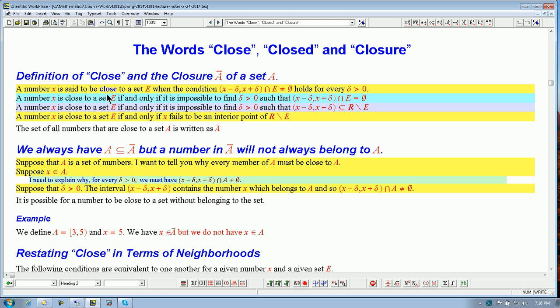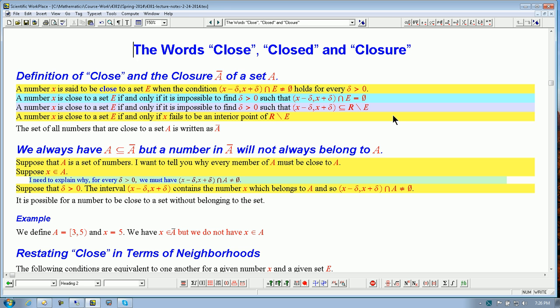A number x is close to a set E if and only if it is impossible for such an intersection to be empty. See? Impossible to find delta greater than 0 for which the intersection is empty. That means that the intersection has always got to be non-empty. Always non-empty means never empty.